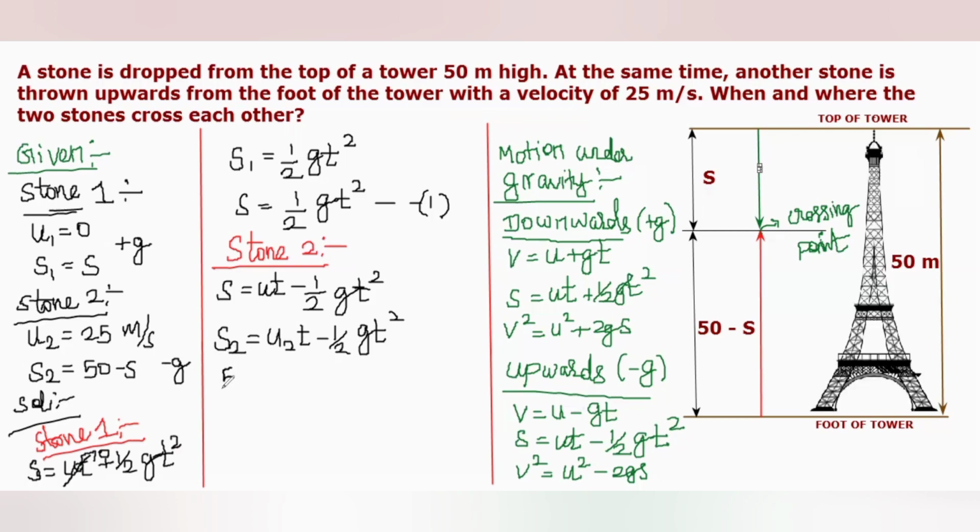S2 equals 50 minus S, that equals u2 t, 25t minus half gt². This is the second equation. Now, instead of S, we have half gt² in the first equation.